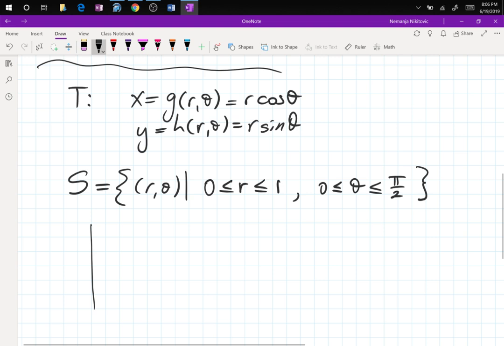So I have a region like this, and this is in the r, theta realm that goes from 0 to 1 and 0 to pi over 2. And if you notice over here, you have 4 lines, right?